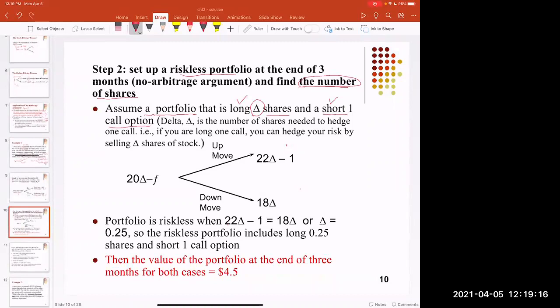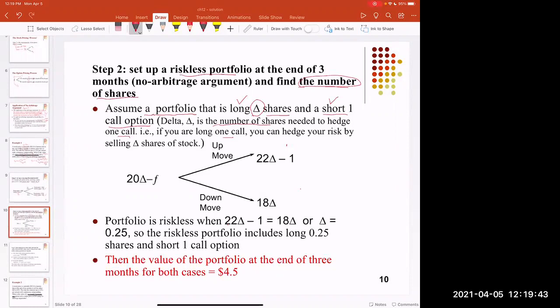The delta is the number of shares needed to hedge one call. If you long one call, you can hedge your risk by selling shares, right? Because you short a call, in the future you're going to sell shares, and you buy shares today.